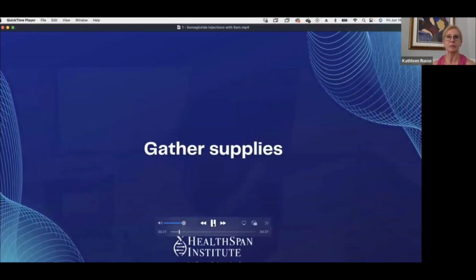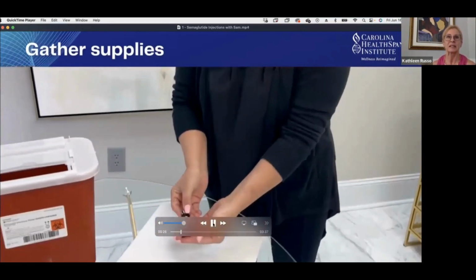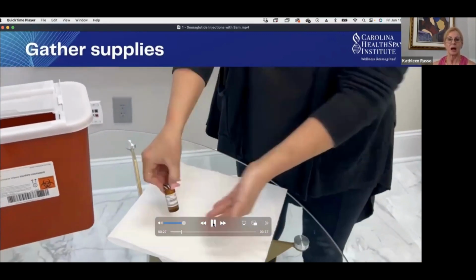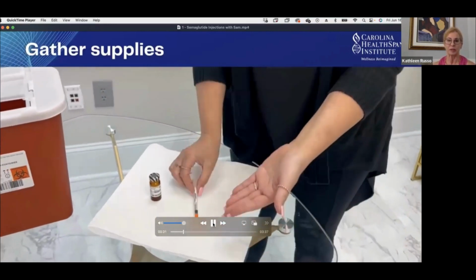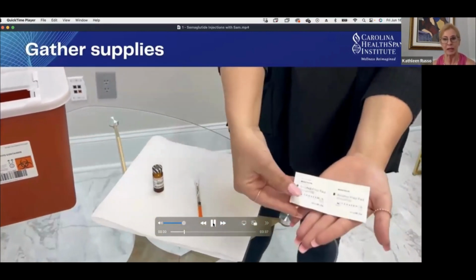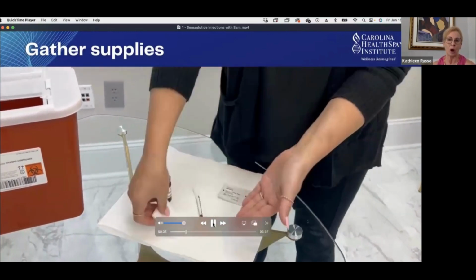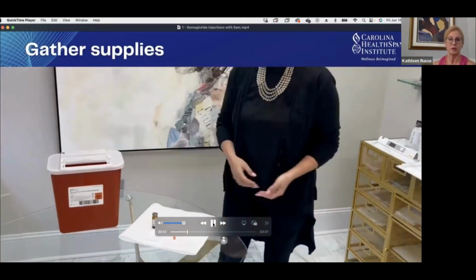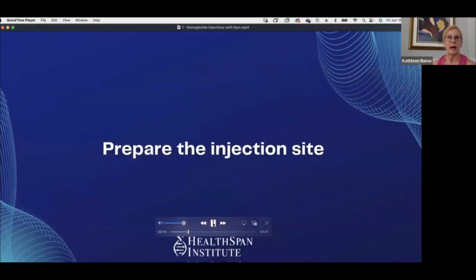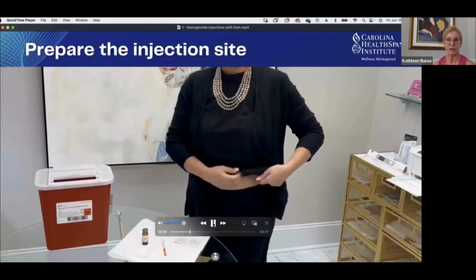You want to gather your supplies, including the medication to be injected, a syringe, and the appropriate needle for the type of injection that you'll be doing. Subcutaneous is usually an insulin syringe, some alcohol swabs, gauze or cotton balls, and something to safely dispose of the used needle in.